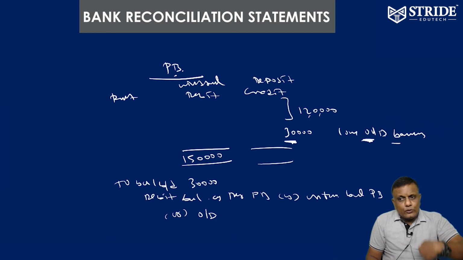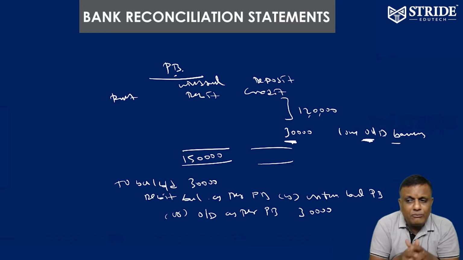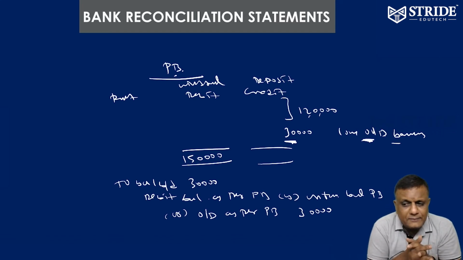So your deposits are less, but your drawing is more. So overdraft as per passbook, by 30,000. So debit balance as per passbook, unfavorable balance as per passbook, or OD balance as per passbook is 30,000, which means we have more withdrawal than deposits, 30,000. That's it.